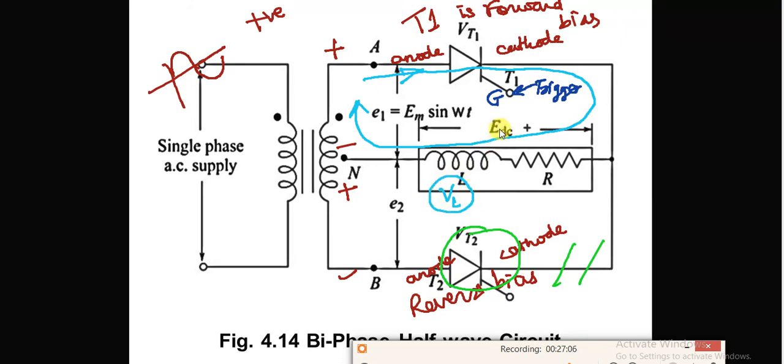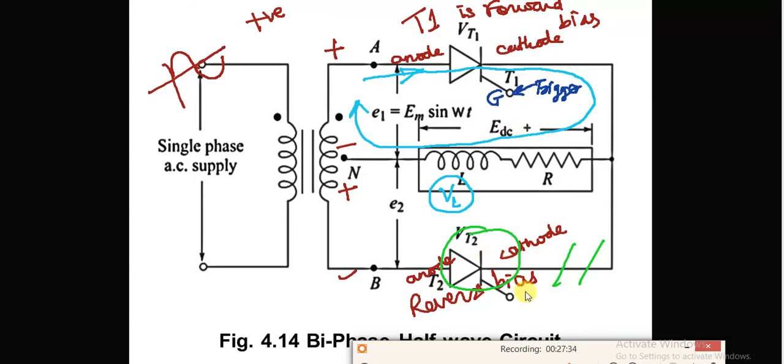We call it back EMF. So during the positive half cycle, the current will flow from this SCR to the resistor through L and back to the negative terminal, and voltage will appear across the inductor. Because of this inductor voltage, the SCR will keep on conducting during the negative half cycle also.